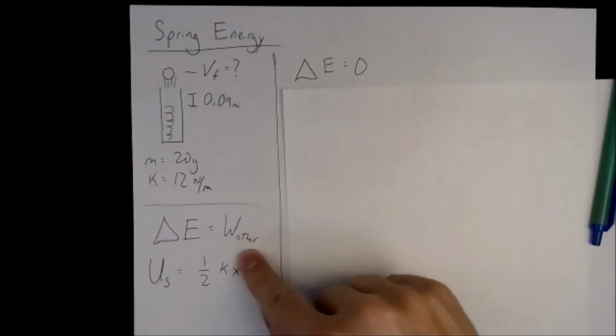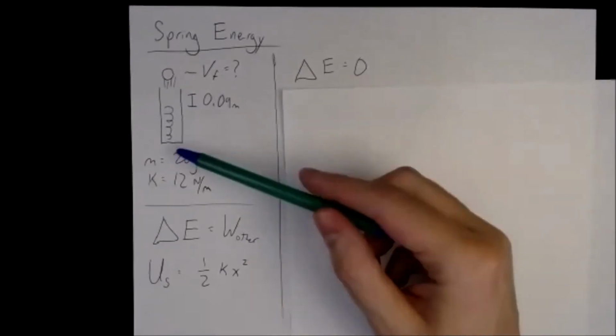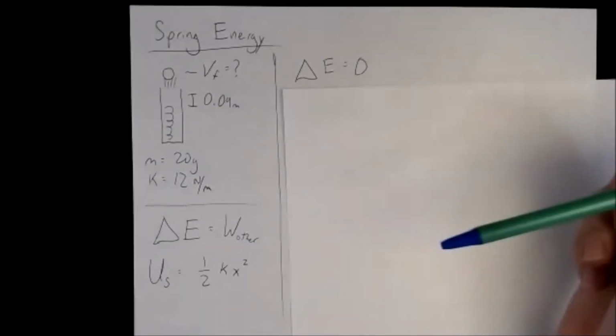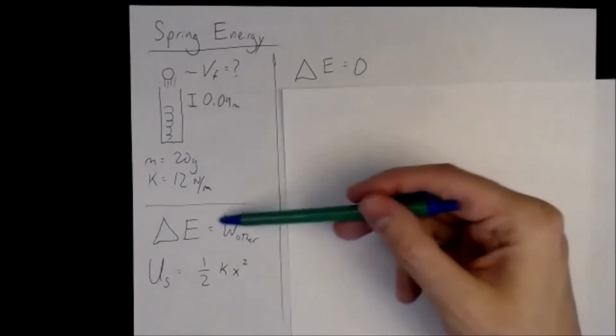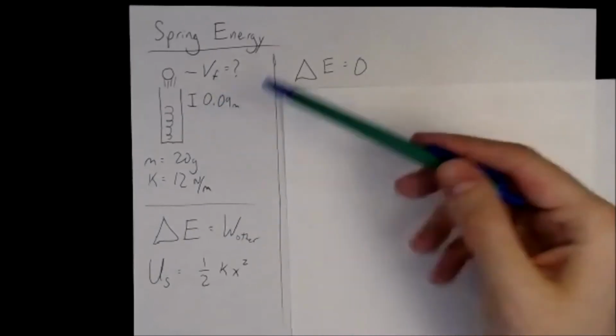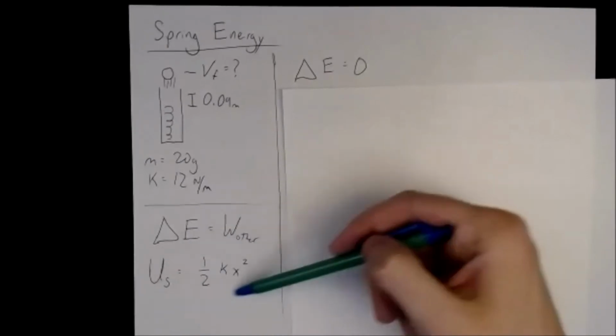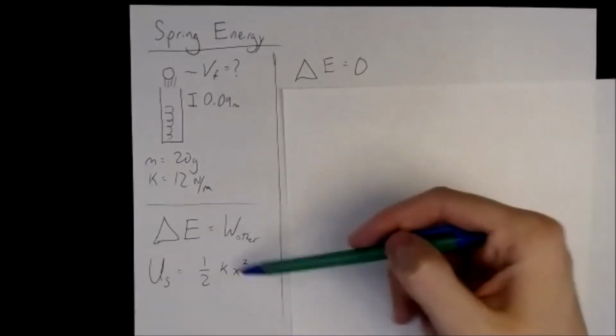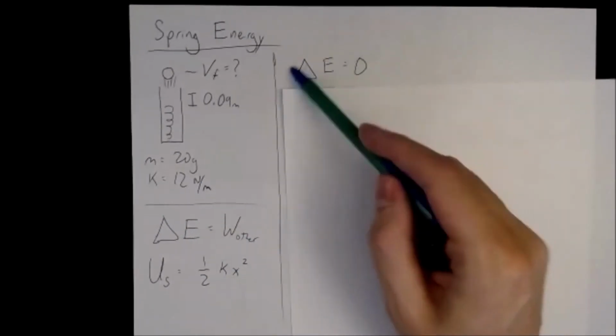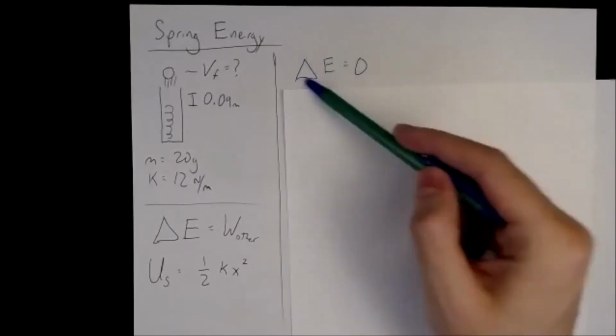We know that there's no actual friction going on in here, or at least friction wasn't specified, so we can assume that the work other is going to be 0. There's no friction, there's no other person pushing on anything. We're going to fold the spring potential energy in on the delta E side, and so delta E is equal to 0.